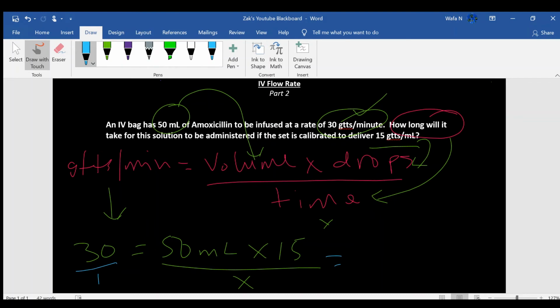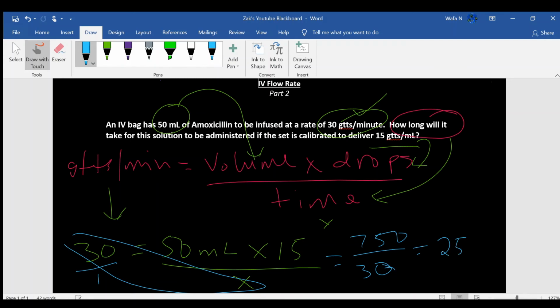So 50 times 15 is 750 milliliters. If we cross multiply, x crosses 30, so we're going to divide the 750 by 30. And when we do this, what we should get as a result is 25.